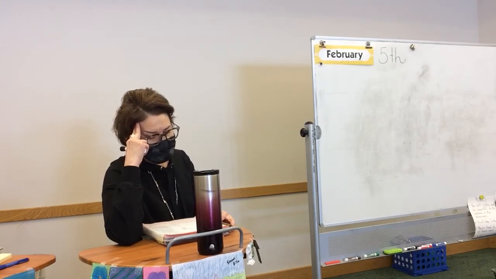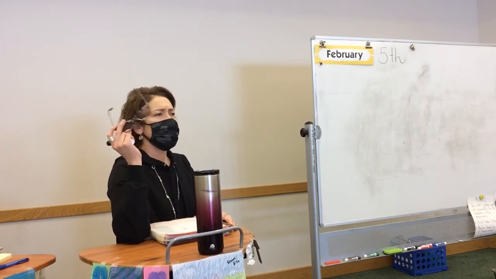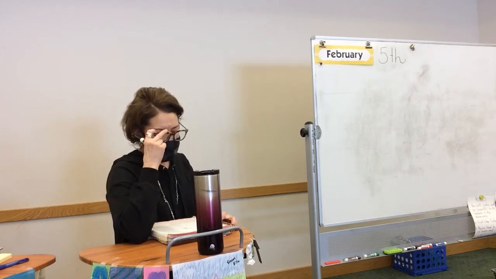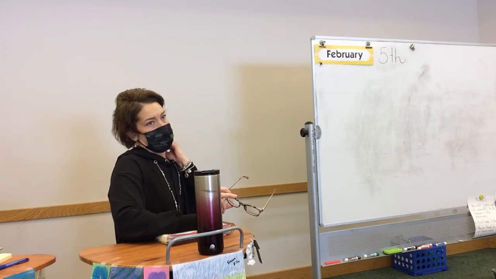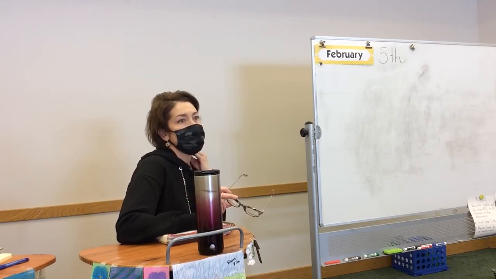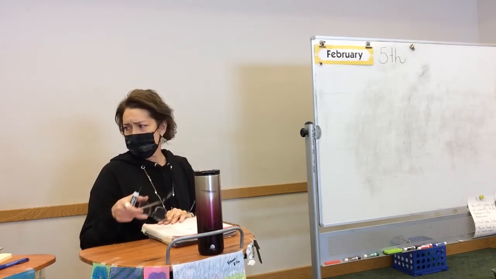So is this an addition, a subtraction, a multiplication, or a division? Altogether. That's a key word for you. Tessa, you are right. When you see words like altogether, that means you're adding them.